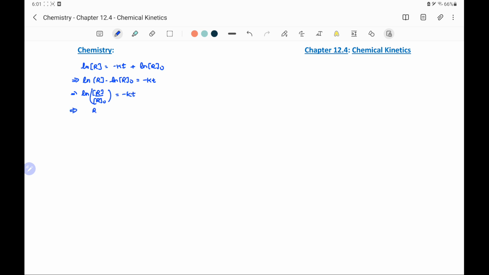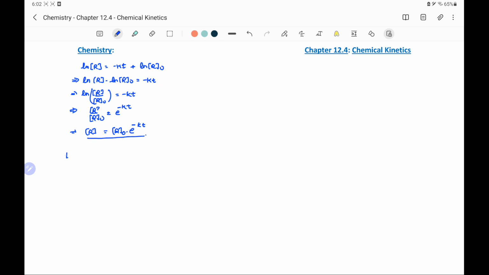We can write R by R0 as, because the base is e, exponential power minus kt. So concentration R at time t will be equal to the initial concentration multiplied by e to the power minus kt.